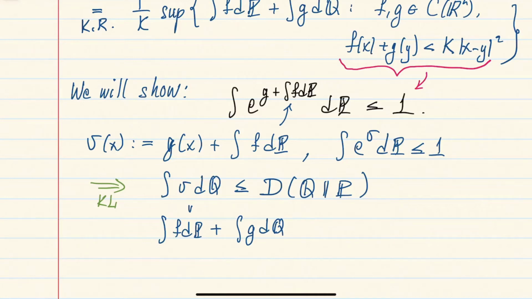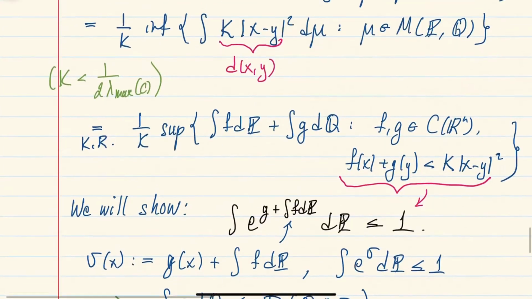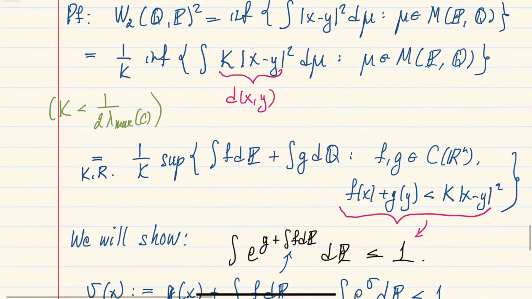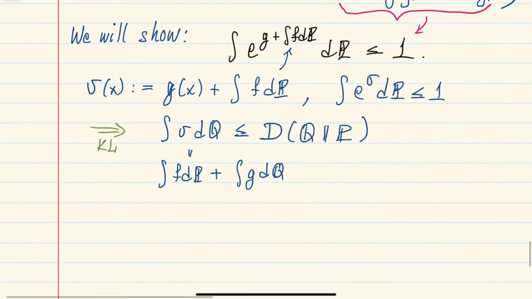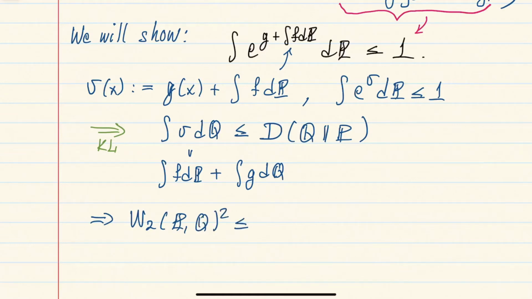So as a result, if you combine all together and go back to where we started, we get that W2 between P and Q squared is bounded by, well, we have this constant 1 over K in front, and the supremum is bounded by this divergence.